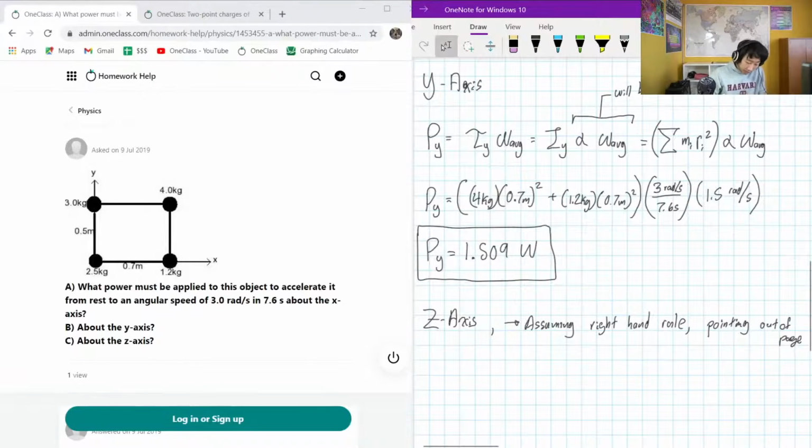So Pz is going to follow a similar system. We have to find the torque in the z direction multiplied by our omega average. And we know that our torque in the z direction is equal to our moment of inertia in the z direction multiplied by angular acceleration, which is the same, and multiplied by our average angular velocity, which is the same.